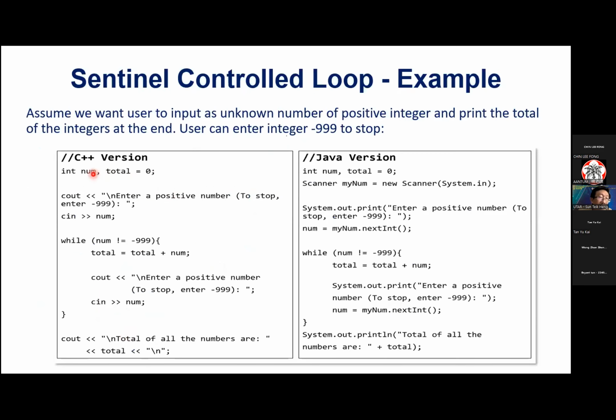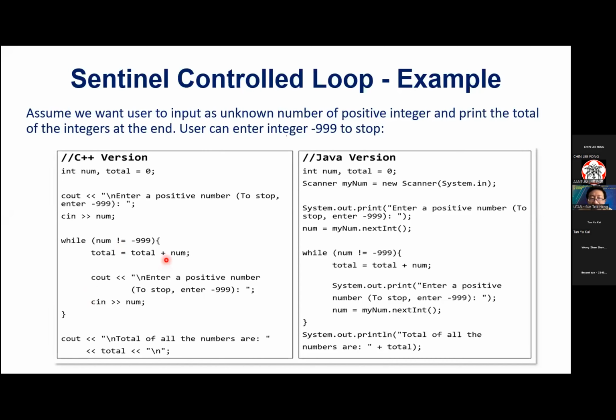For example, in this program here, the while loop will check whether the value of the variable num is equal to minus 999. As long as the value inside the variable num is not equal to minus 999, this expression will have the value true, and the body of the while loop will execute.